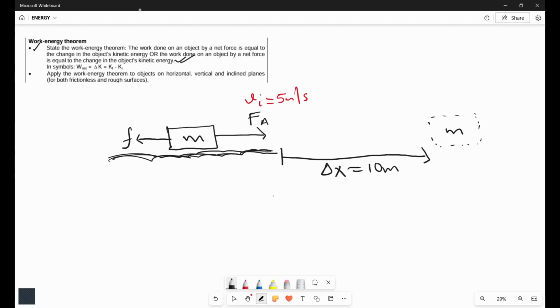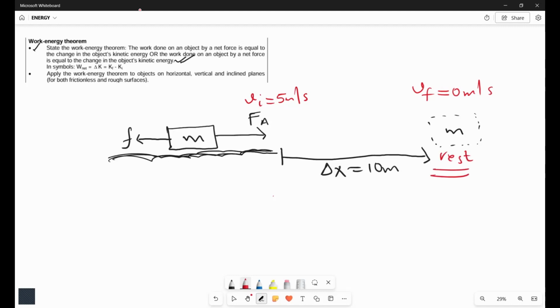Let's say it stops after 10 meters. After it has traveled 10 meters, it now comes to a stop. V final is equal to 0 meters per second, at rest.